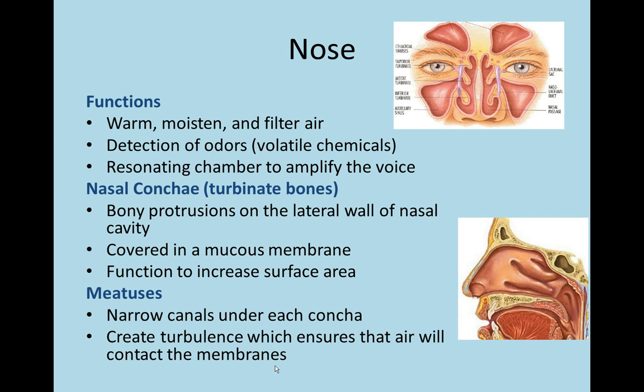And that, again, is going to cause the air to slow down as it swirls around through those tunnels, creating turbulence. And that ensures that the air is going to contact the mucous membranes on the walls of the nasal cavity, again, so we have more time to warm, moisten, and filter that air.